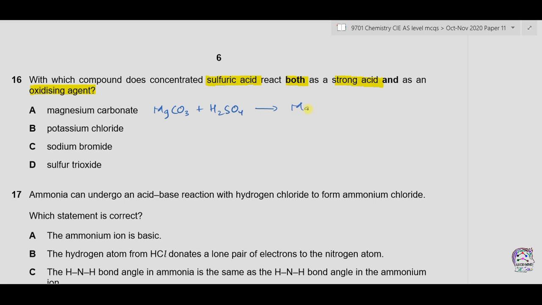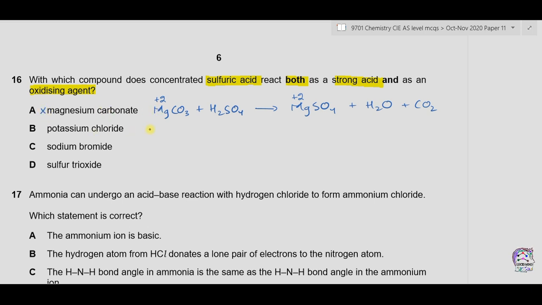It will form magnesium sulfate along with water and carbon dioxide. This is the acid carbonate reaction, and we can see that the oxidation state of magnesium is still the same. So magnesium is not oxidized, so therefore A is incorrect.